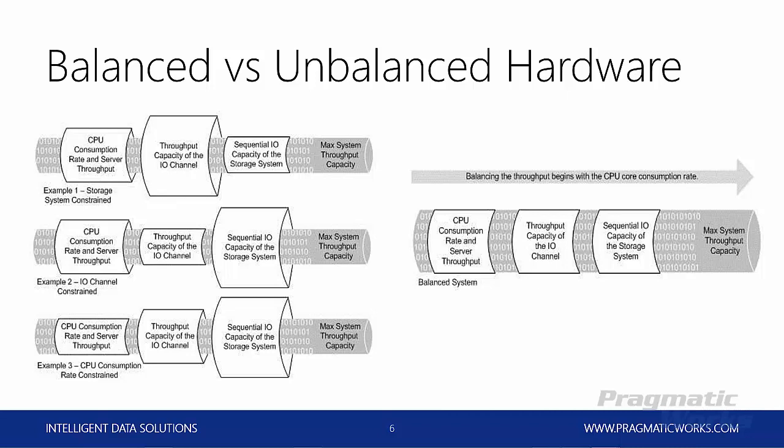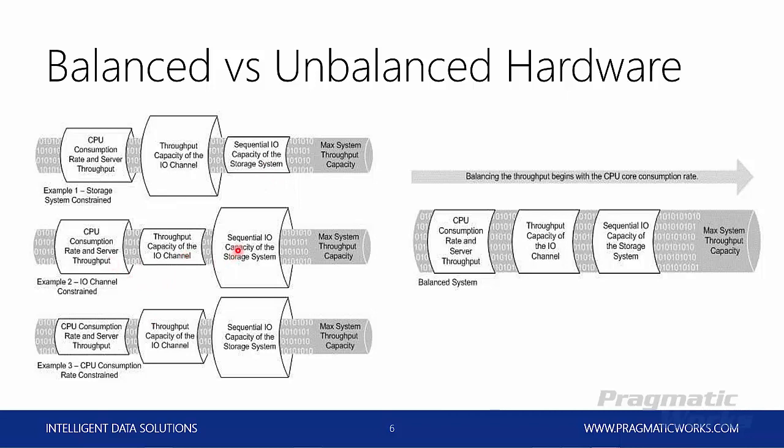We're starting this out by looking at our CPU. You can see that in this case, our CPU has pretty good throughput. We've got a good I/O channel, but the sequential capability of our storage system is not that great. Our maximum system output is going to be our storage capacity. The next one, our CPU is good, our throughput is throttled.